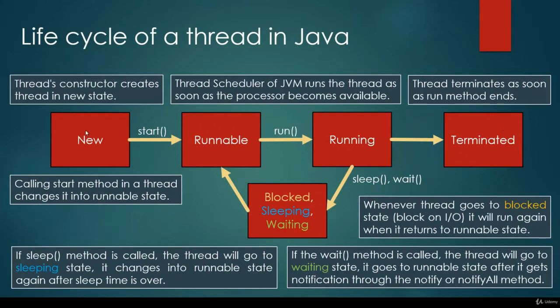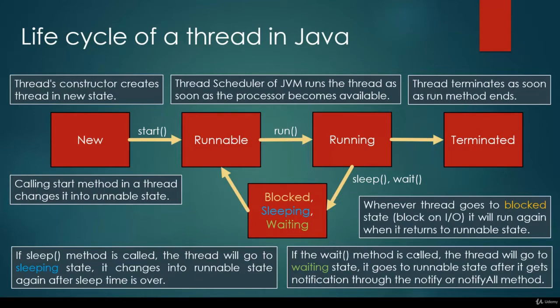So a given thread may be in a new state, runnable state, running state, terminated state, and the last state we have to consider is when we call the sleep method or the wait method, and this is when the thread is in a blocked state. So whenever a thread goes to the blocked state, it will run again when it returns to the runnable state. If the sleep method is called, the thread will go to the sleeping state, and it changes into the runnable state again after the sleep time is over.